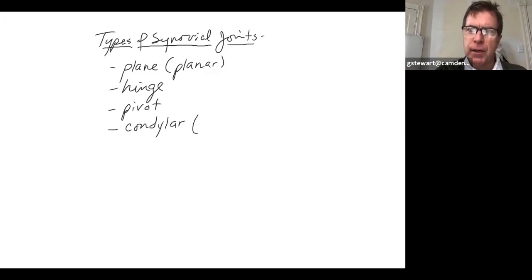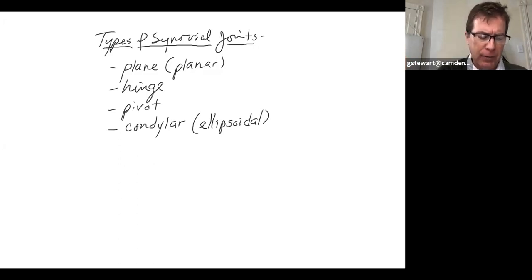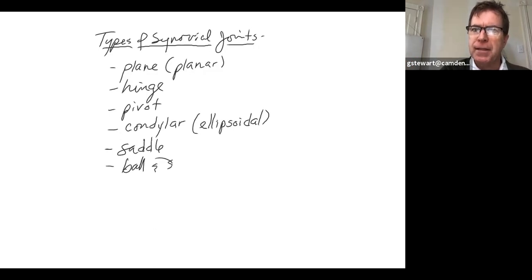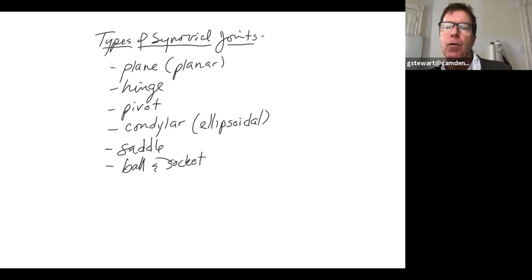These are also known as ellipsoidal. Most of these have Latin names that go along with them as well. Saddle, that's S-A-D-D-L-E, and ball and socket. Those are the major categories of the types of synovial joints.